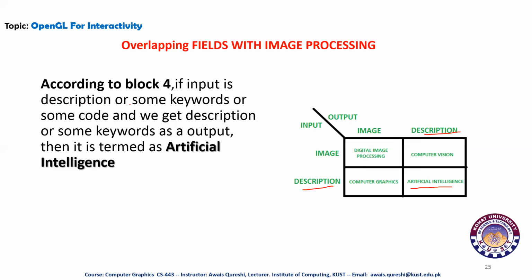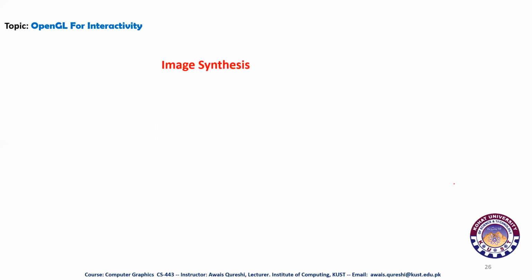If input is description or some keywords or some code and we get description or some keywords as output, then it is termed artificial intelligence. So as you can see, how much overlapping exists between different fields: digital image processing, computer vision, computer graphics, and artificial intelligence. These are all based on images. That's why these fields are very overlapping.